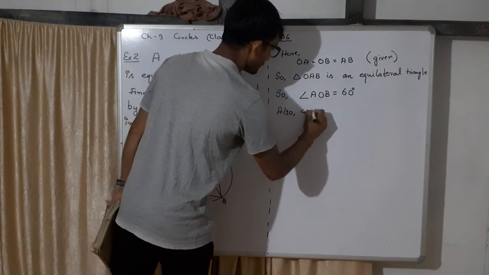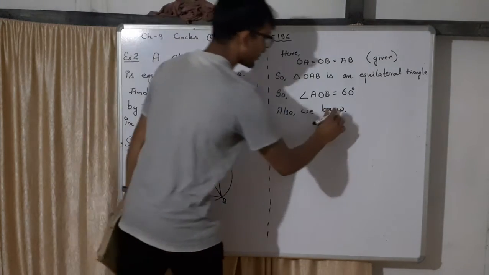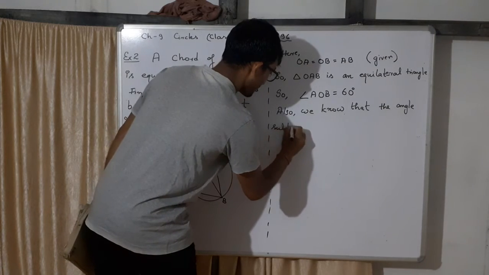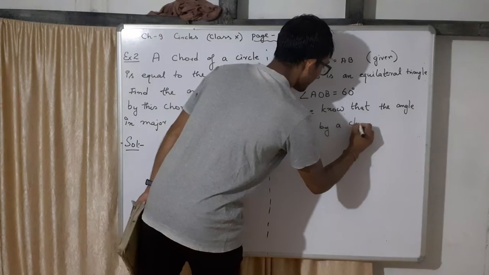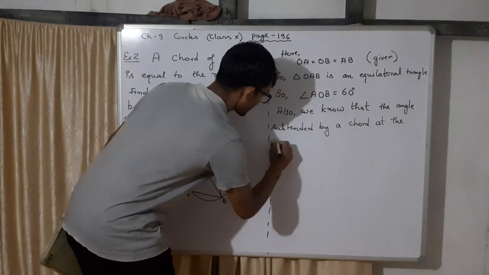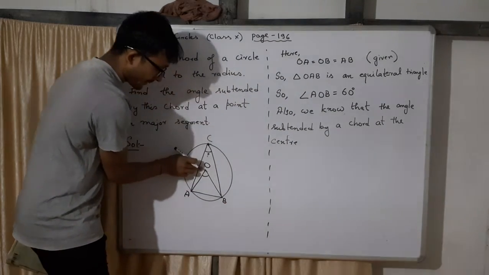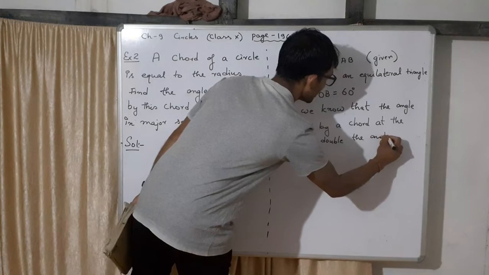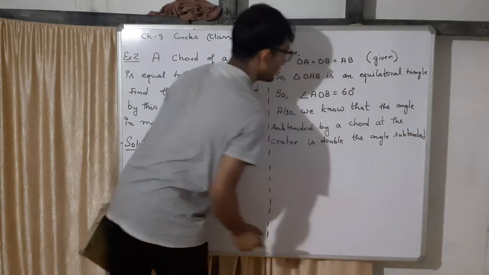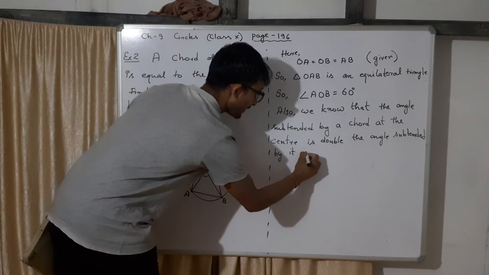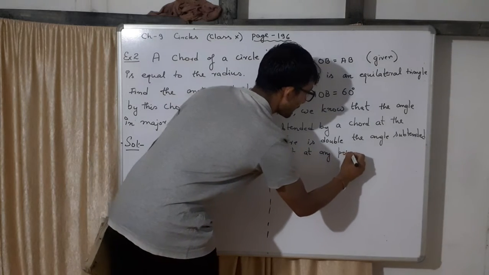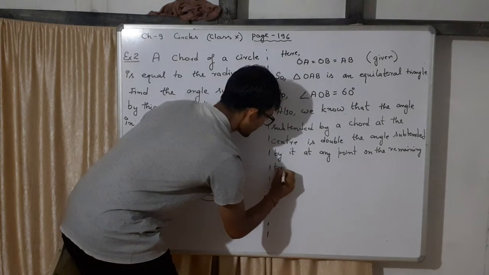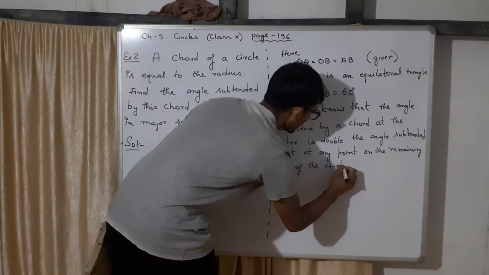Also, we know that the angle subtended by a chord at the center, this chord making a center angle at the center, is double the angle subtended by that chord at any point on the remaining part of the circle, or major segment also you can say.